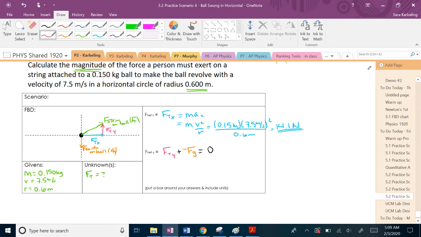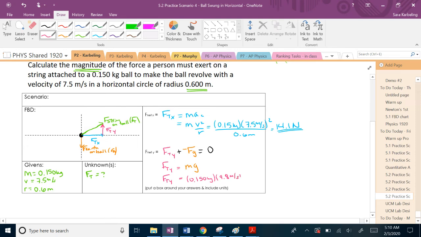In the y direction, we can figure out Fty because that's going to be equal to the opposite of Fg. So it's just going to be m times g. Okay, so Fty is just the mass, which is 0.150 kilograms times 9.8.